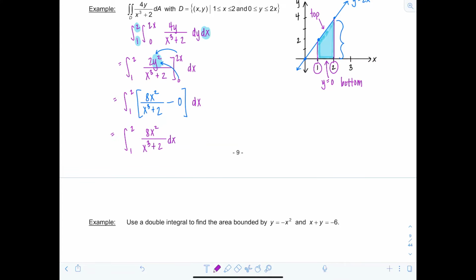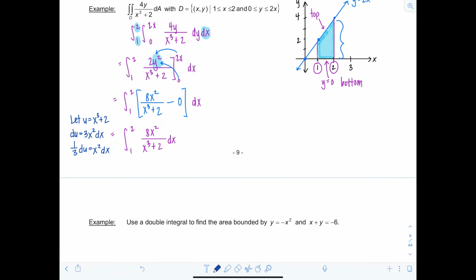And then we're going to do a u sub. How do I know that? Because I have x cubed plus 2 in the denominator, and I notice in the numerator I have 1 degree lower, right? So I'm going to let u equal x cubed plus 2. Then du is going to be 3x squared dx. So that means 1/3 du is x squared dx.